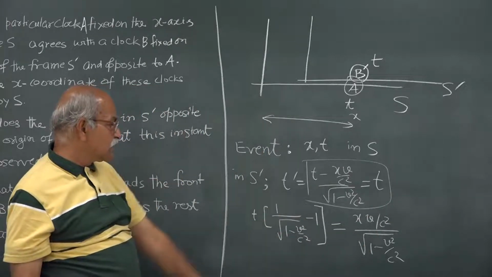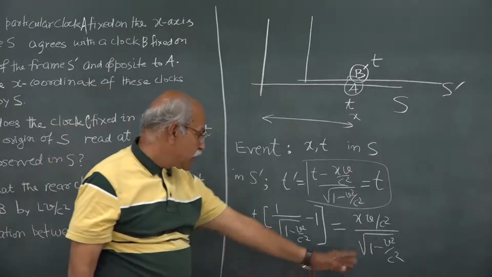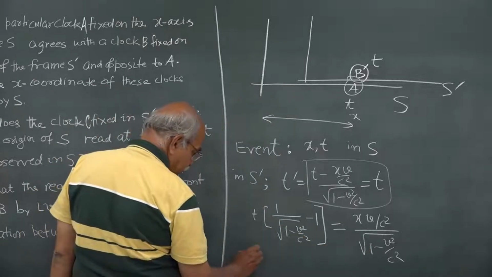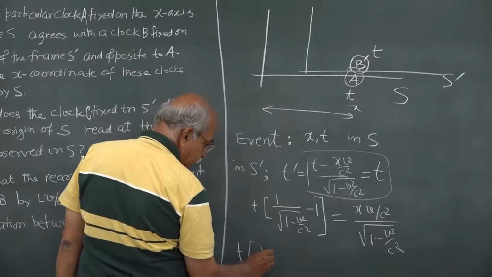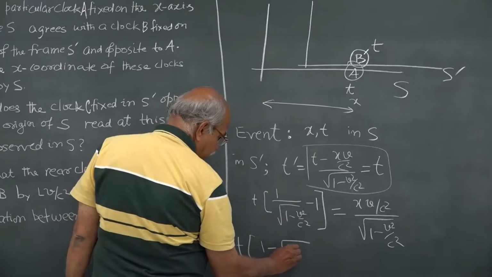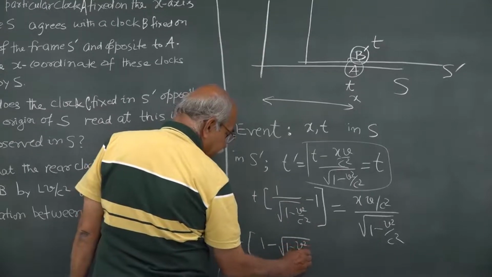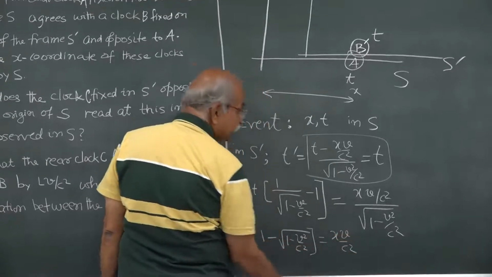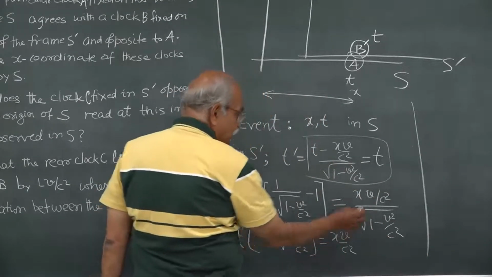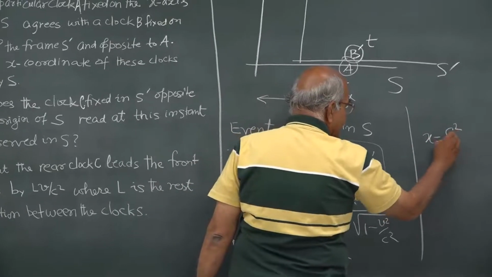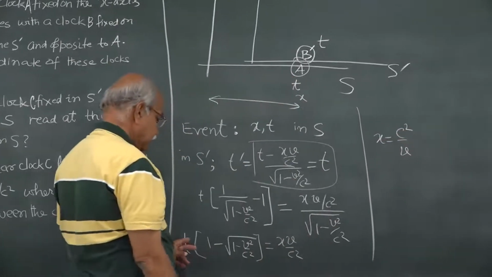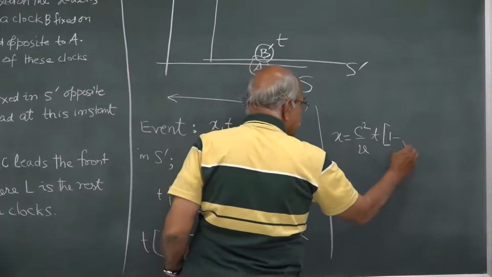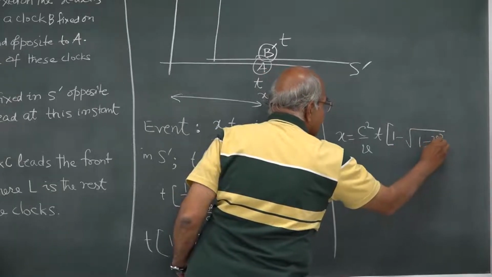And so from here you can write what is x. If you multiply by square root of 1 minus v square by c square, it is t times (1 minus square root of 1 minus v square by c square) equal to x v by c square, and hence x is equal to c square by v into t into (1 minus square root of 1 minus v square by c square).